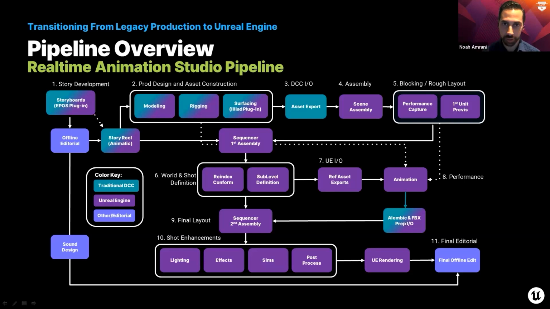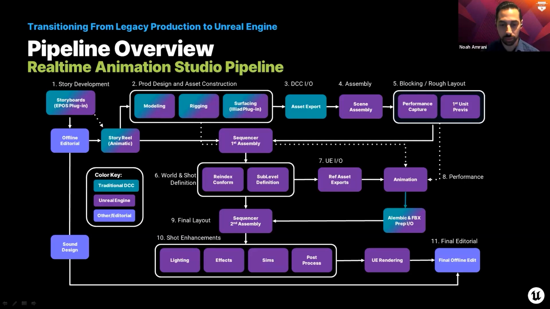So those typical things that you would, again, do for your typical workflow, like lighting, effects, simulations, and some of the post-process things that you might do, like comp to a degree. You can do a lot of the post-process effects within the engine now. You don't have to rely as heavily on comp, but there are options for that where you can output still and still be able to work with comp.